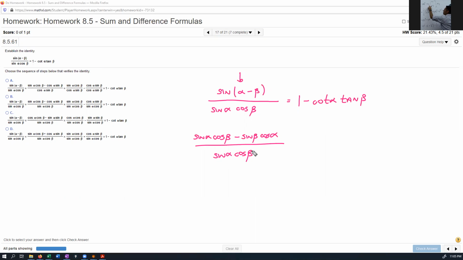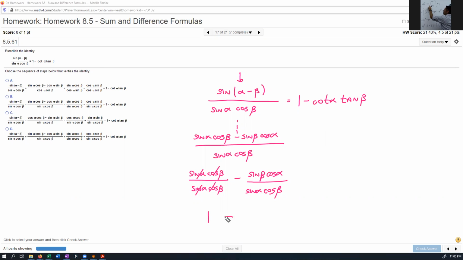Okay, so now let's split this into 2 fractions. So we're going to do sine alpha cosine beta over the common denominator, and then minus sine beta cosine alpha over sine alpha cosine beta. All right, so on the first one, this cancels, this cancels.